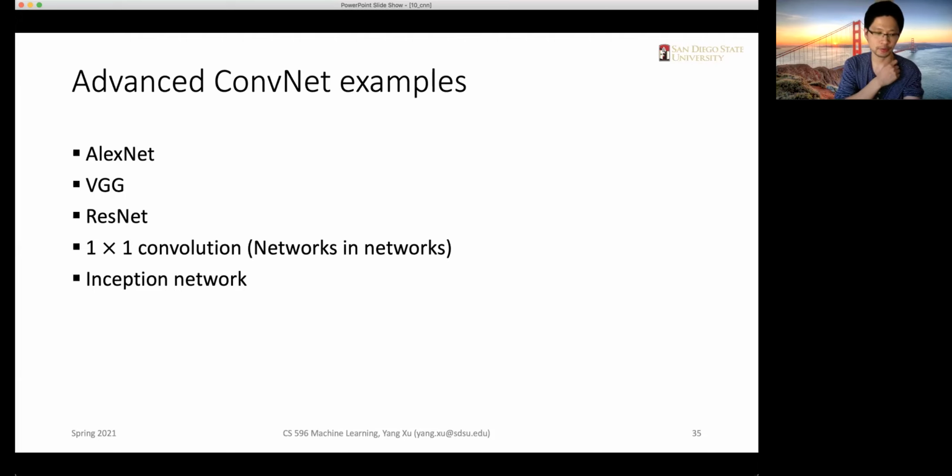Also in the next lecture, we're going to have an introduction to the actual applications of ConvNet, using object detection and other tasks as an example.